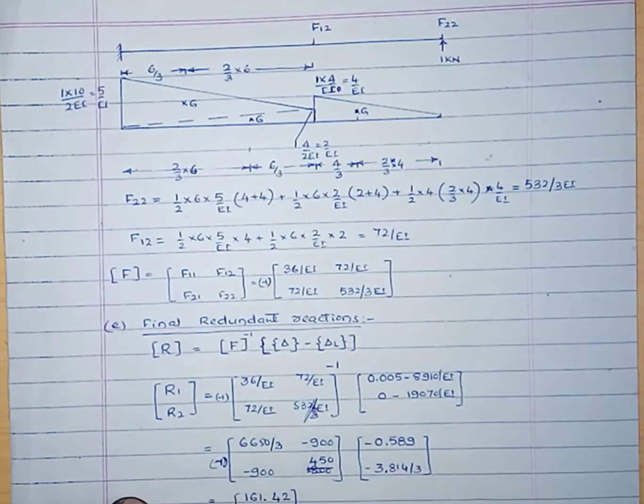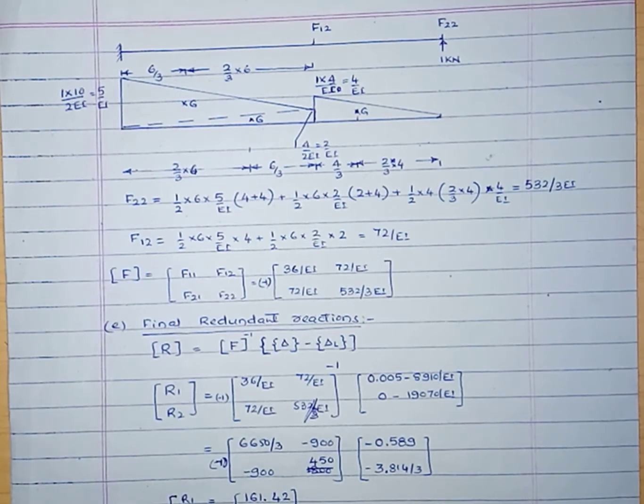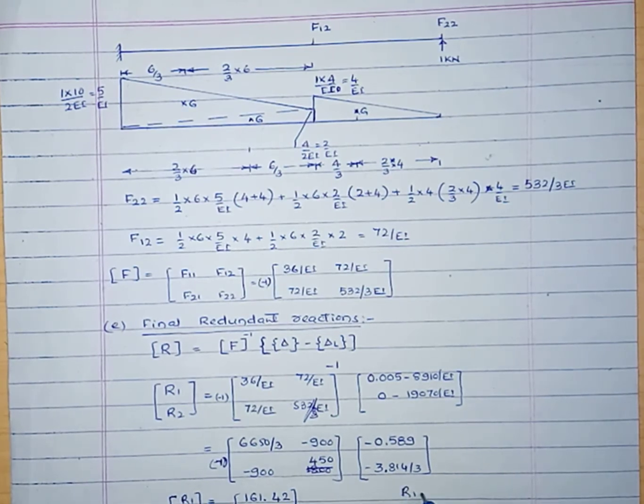After simplification we get the redundant reactions R1 equals 161.42 kilonewton, since we have considered the support reactions as the redundants. R1 is the support reaction at B, then R2 is 42 kilonewton, the vertical reaction component at the end support C.